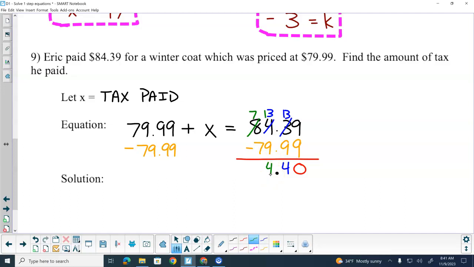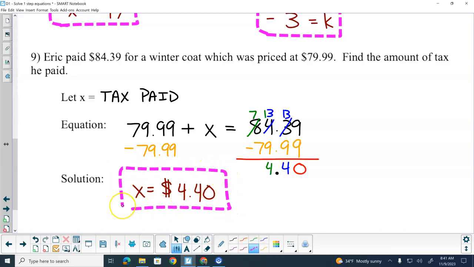And 7 minus 7? 0. So my solution is x here is going to equal $4.40. Now here, we could add back in the money symbol because in word problems, we like to give our answers with labels. With me?